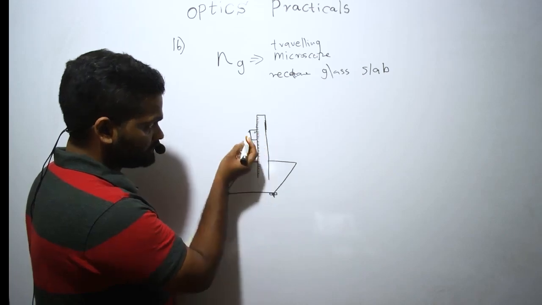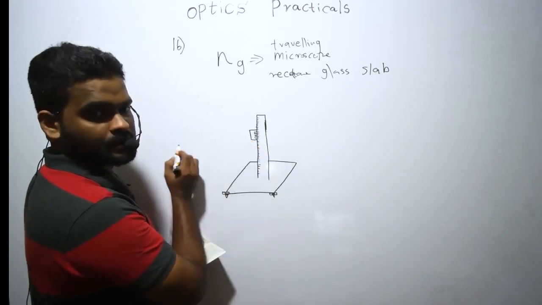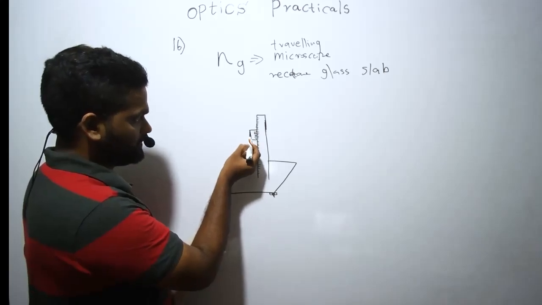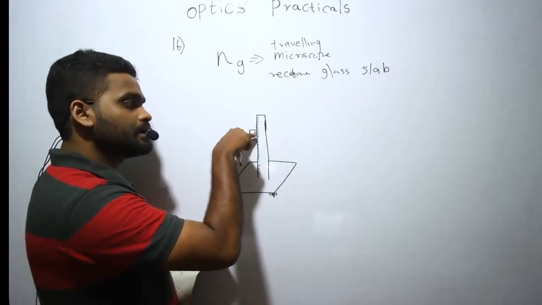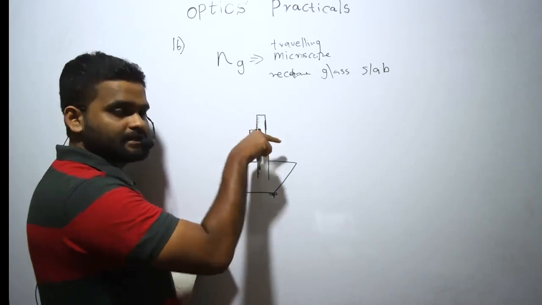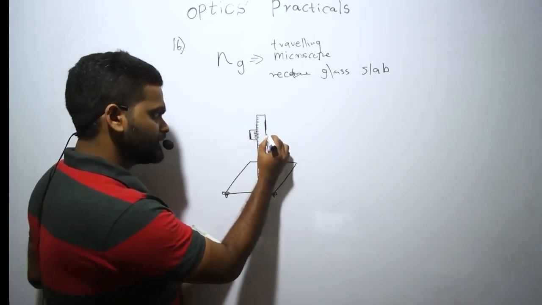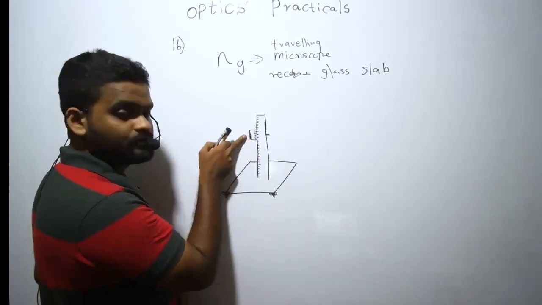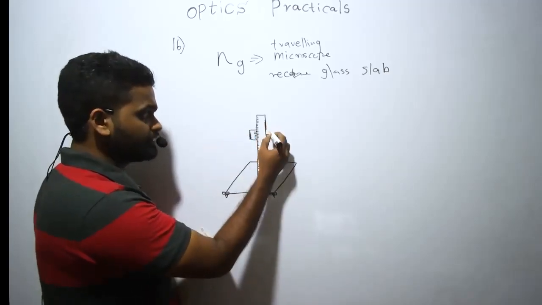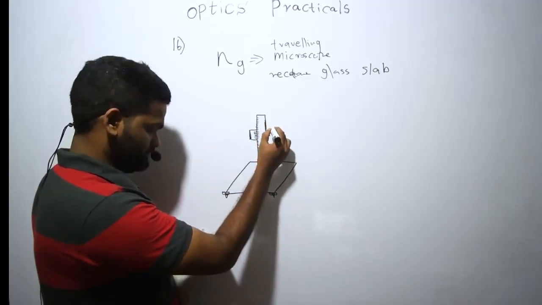Actually, the vernier scale is attached to the microscope at the other side. This is a normal microscope. Through this bar, the vernier scale is attached to the microscope. The microscope is like this.